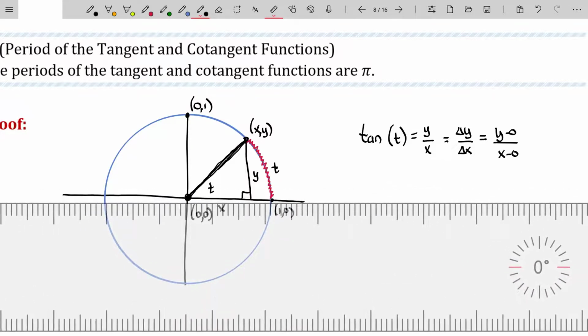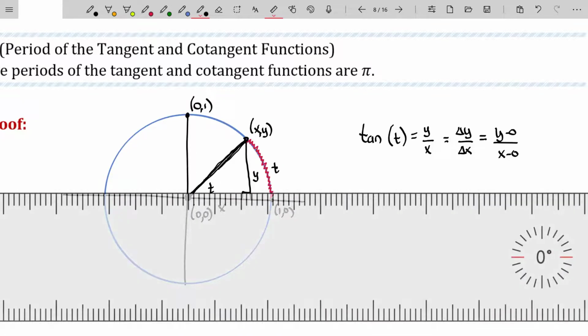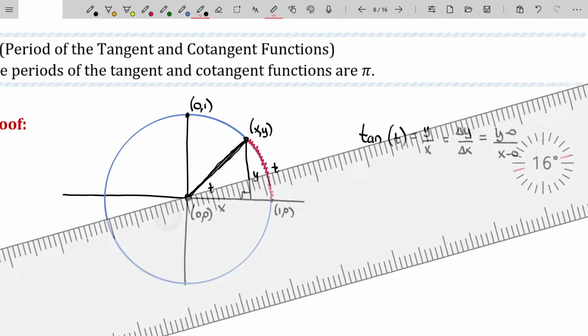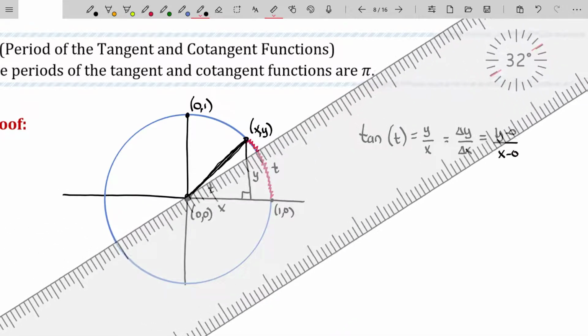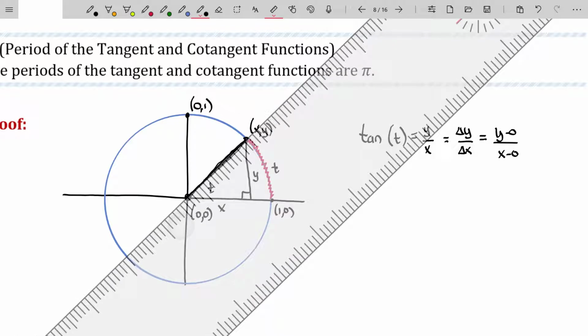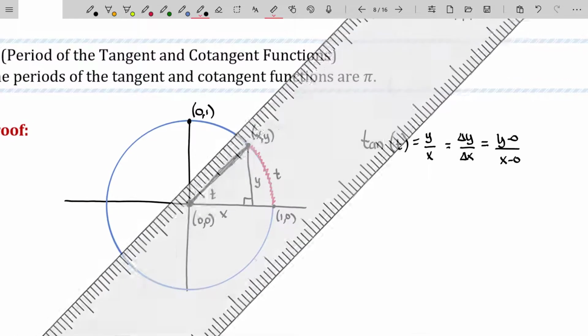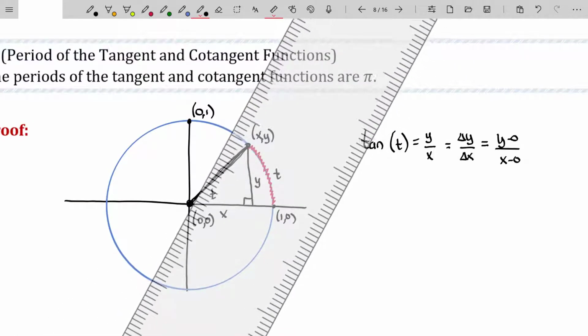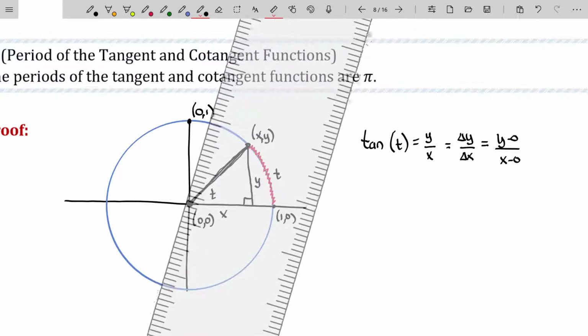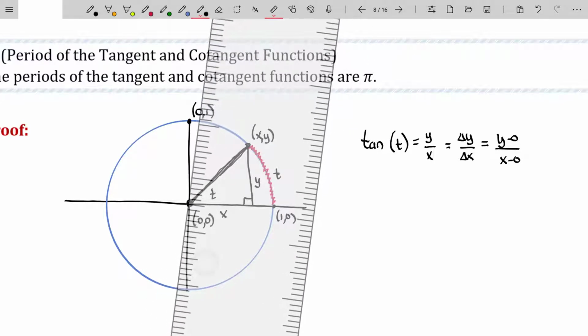But then let me pin this down here. As you increase the angle, that slope is going to be steeper. This might be a slope of 1, but all of a sudden it becomes a slope of 2, 3, 4, 5, 6, 7, 100, 1,000, 1,000,000.